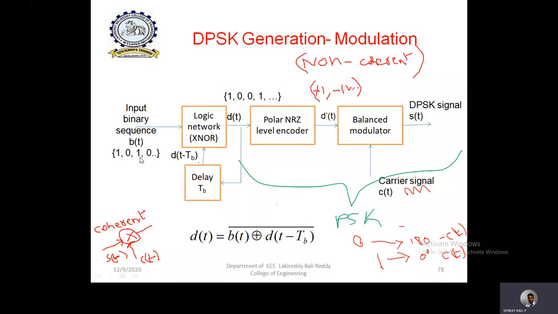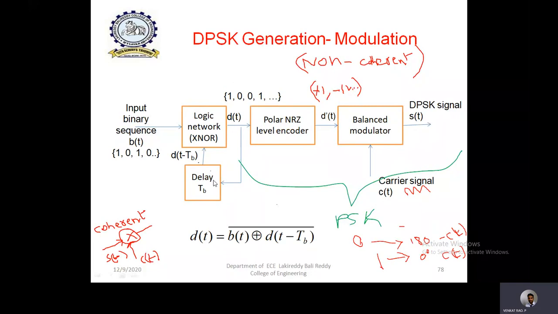But here we need to observe how the actual input is converted into differential data by using some logic circuit. Generally, the logic circuit used is an XNOR gate. As you know, an XNOR gate has two inputs. One input is the actual input, and the other input is taken from the output and passed through a delay element, so that it is the previous value of the output.